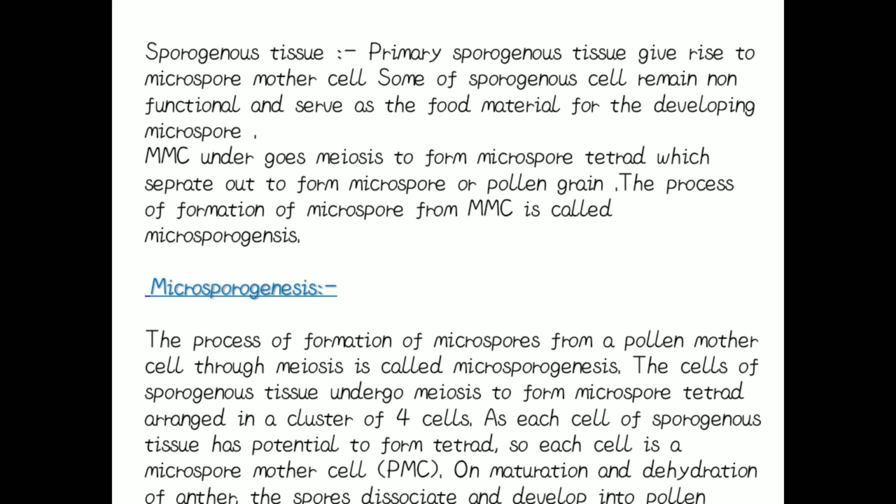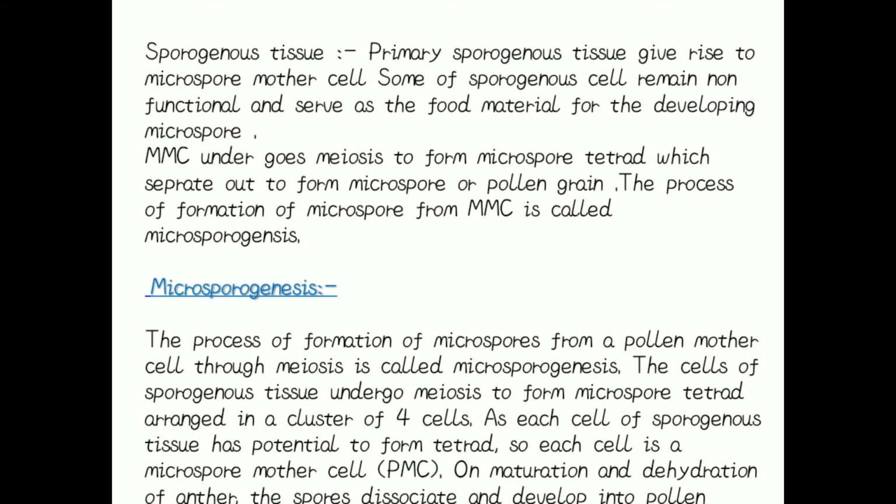This process of formation of microspores from the microspore mother cell is called microsporogenesis. So now see here, microsporogenesis. What is microsporogenesis? The process of formation of microspores from the pollen mother cell through meiotic cell division.